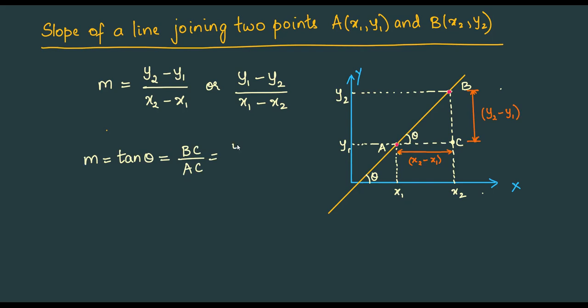So opposite side is y2 minus y1. Adjacent side is x2 minus x1. Therefore, m is y2 minus y1 by x2 minus x1. This is this law. All right, we stop here for today. You can review these very important notes.